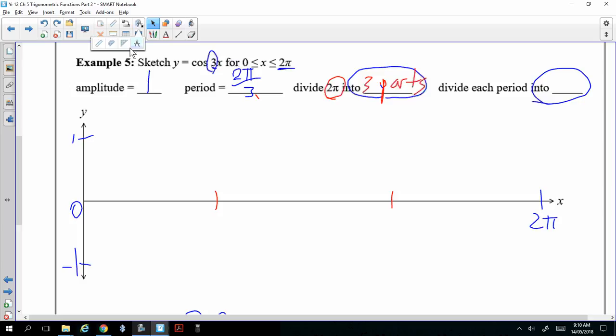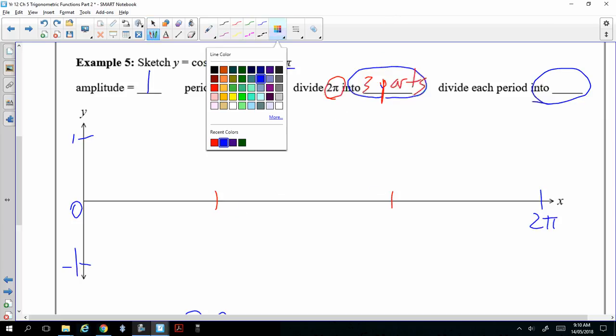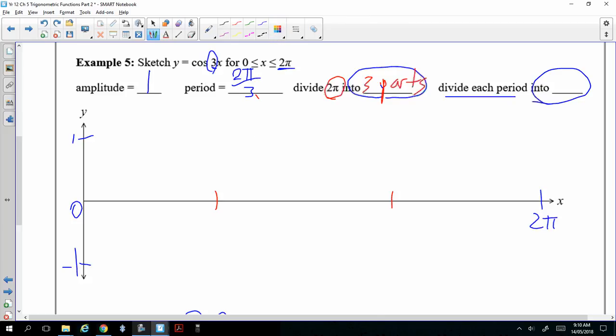Okay, so you divide into 3 parts. And then what do you do after you divide into 3 parts? You divide each period. That's a period, right? So this is 2 pi over 3, 4 pi over 3, and of course this is 6 pi over 3, which becomes 2 pi, isn't it? Right?